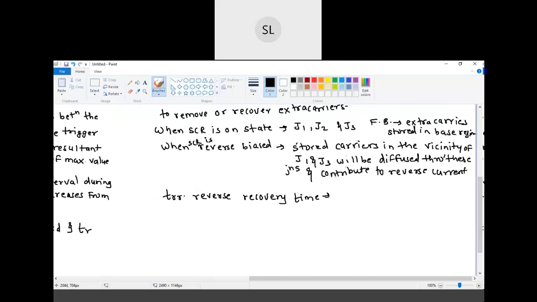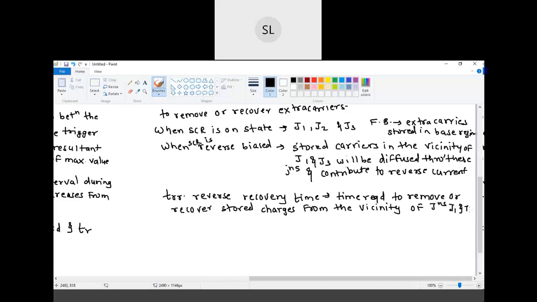It is the time required to recover or remove the stored charges from the vicinity of junctions J1 and J3, so that it can regain its reverse blocking capability.